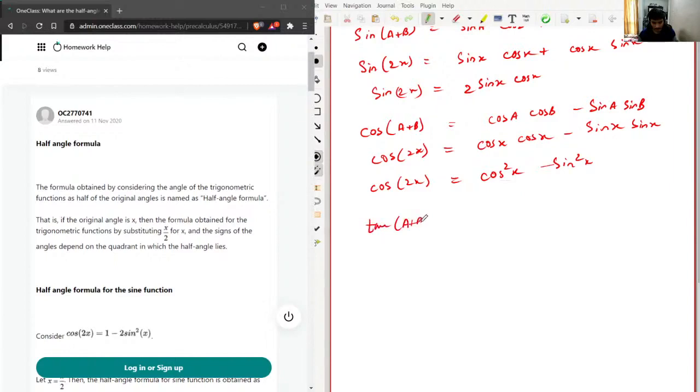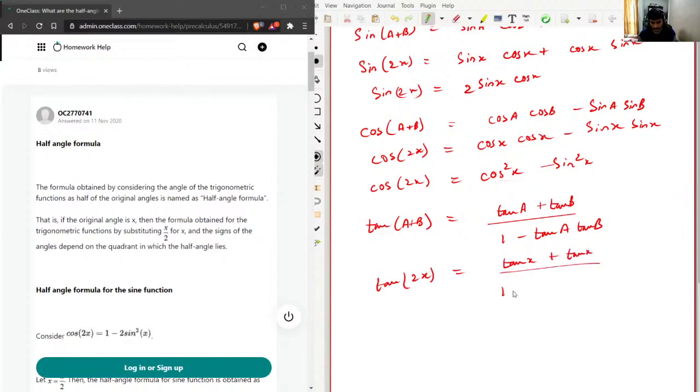Tangent of A plus B is tangent A plus tangent B over 1 minus tangent A tangent B. Again I'll put A and B as x, so this will become tangent x plus tangent x over 1 minus tangent x times tangent of x.